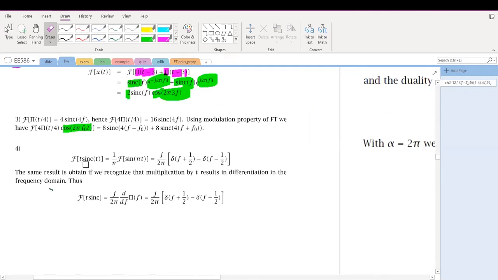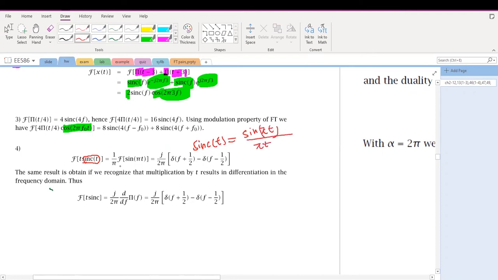Next question is to obtain the Fourier transform of t sinc t. Here, we need to use the definition of sinc t. So sinc t equals sine pi t divided by pi t.